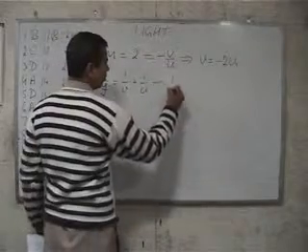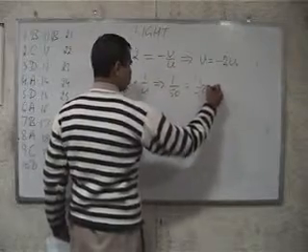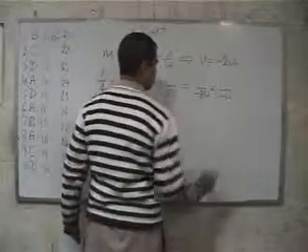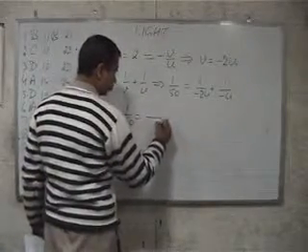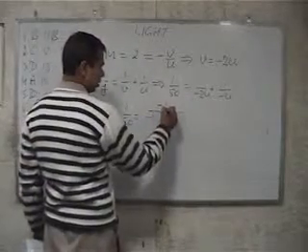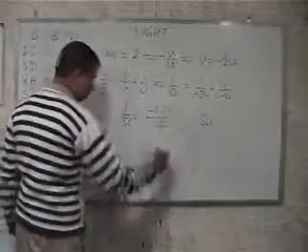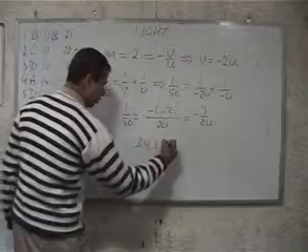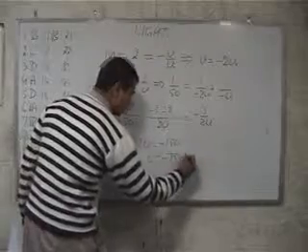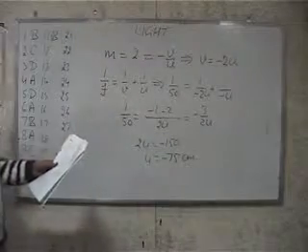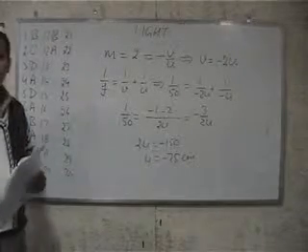Focal length is given 50 centimeters, so 1 by 50 equal to 1 upon minus 2u plus 1 upon minus u. Let us take LCM as 2u. So we will have minus 1 minus 2, minus 3 upon 2u. Cross multiply, 2u comes out to be minus 150, u comes out to be minus 75 centimeters. Therefore, for question number 12, A option is the correct answer.